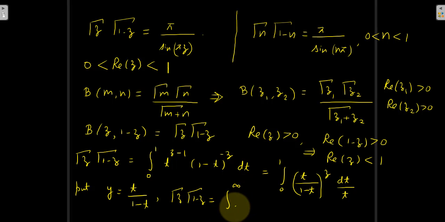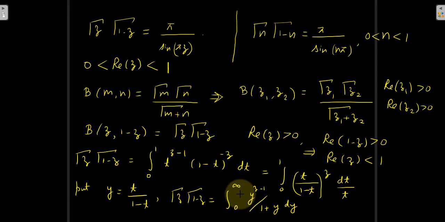So you will get limits 0 to infinity, and this will become y to the z minus 1 divided by 1 plus y dy. Okay, so far what we have done is that we have proved that gamma z gamma 1 minus z is equal to this integral.